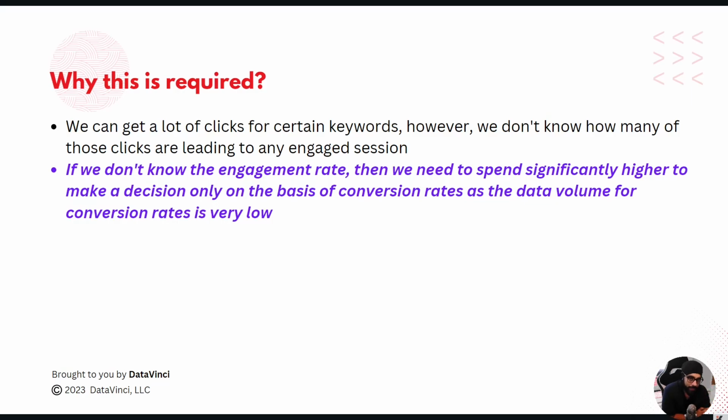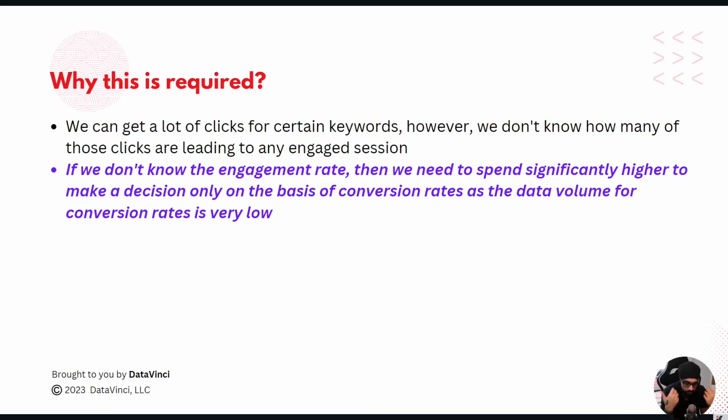So to analyze the performance of an ad group, campaign, or keyword combination in terms of conversion rates, you will need to get a lot of conversions, right? Only then can you see which keywords are getting you the best conversion rate, at what cost per conversion, etc. So between the initial clicks and the conversion, you fill in the engagement data.